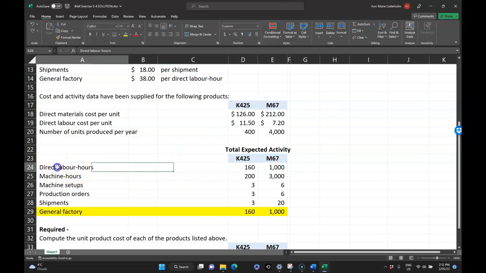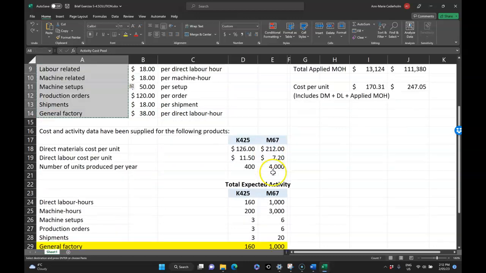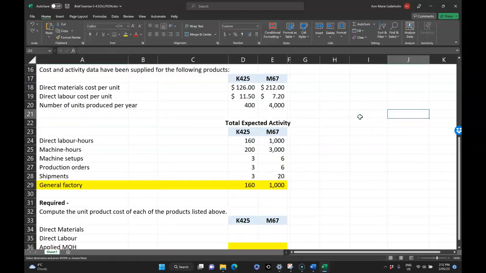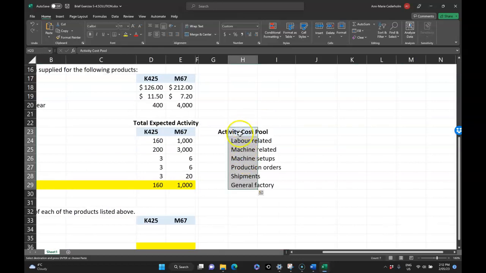So what I need to do is just copy the activity cost pools. So again, I'd probably take it right from here. And I'll just move over here and do the work. Maybe move this up a bit. There we go.